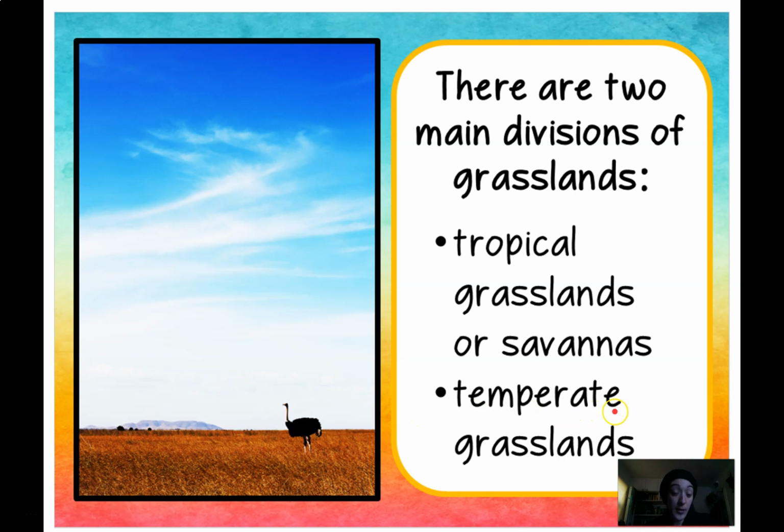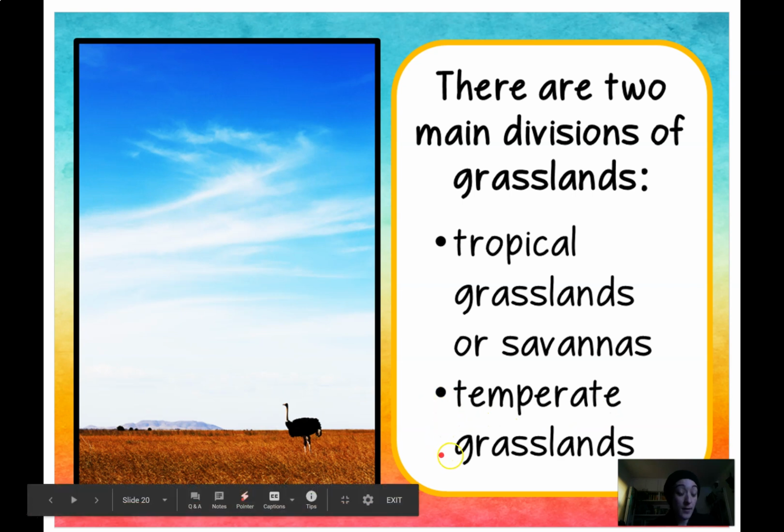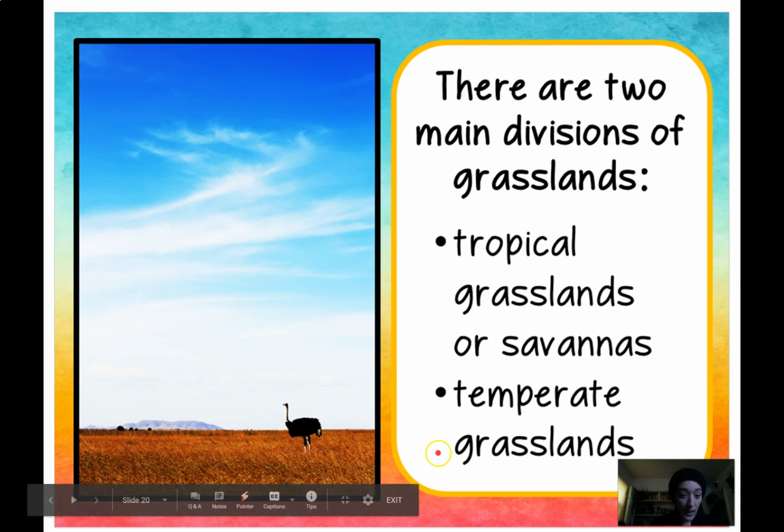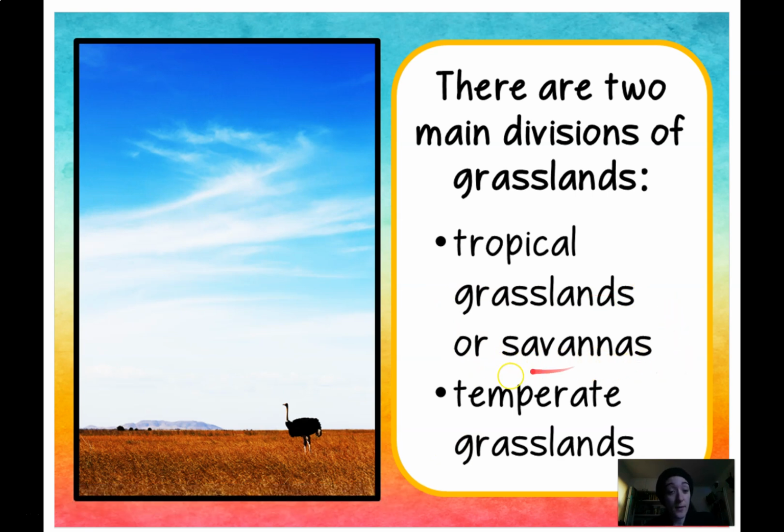So here in the United States, we have more temperate grasslands because of our latitude, right? How high up we are, or our distance from the equator. And then if you get closer to the equator, you usually find savannas. So in Africa, there are a lot of savannas, which are like grasslands, but they get a little bit more moisture.